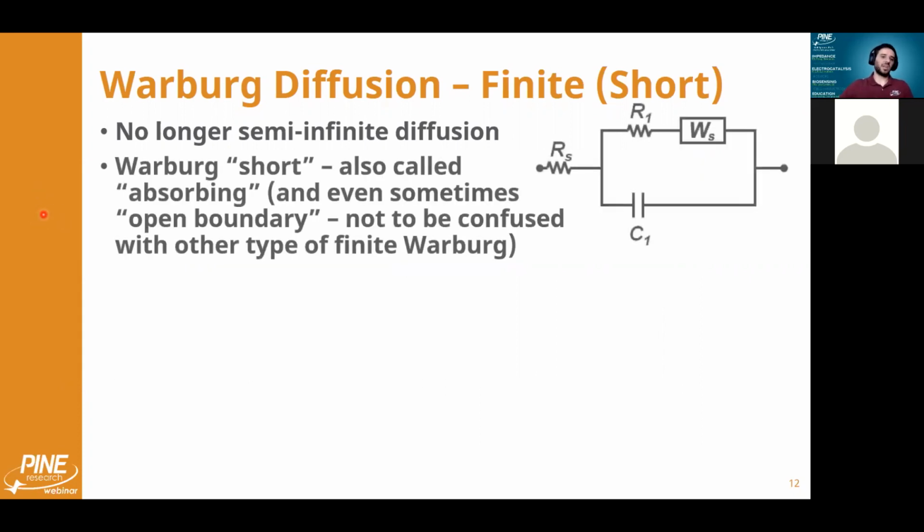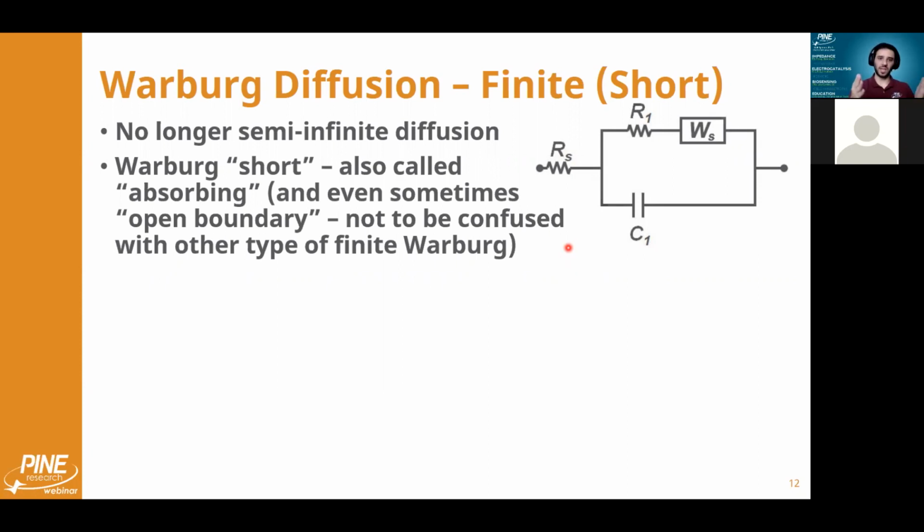Also, just a note on the name, as if things couldn't get confusing enough, the Warburg short is also sometimes called absorbing. So sometimes you'll see W sub S, sometimes W sub A for absorbing. And I have seen, to make it even worse, in some places it'll be called open boundary, which is a decent explanation considering that the Warburg short is describing a fixed diffusion length path, but where it's diffusing through is a porous or absorbing boundary.